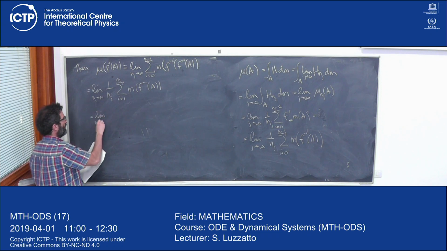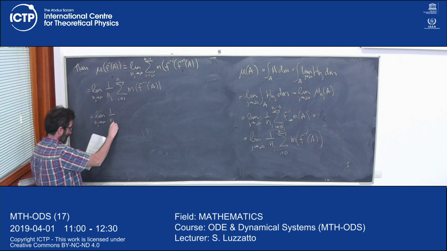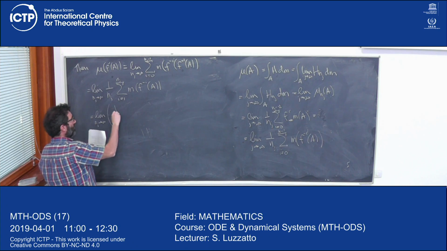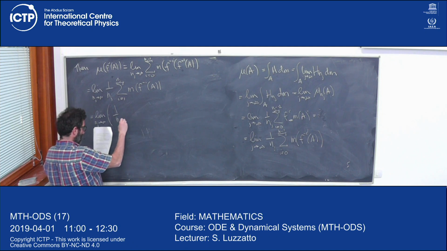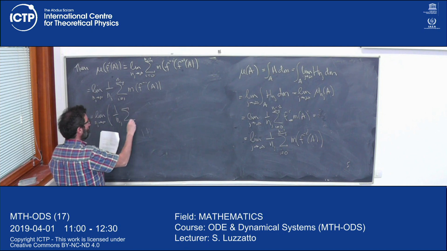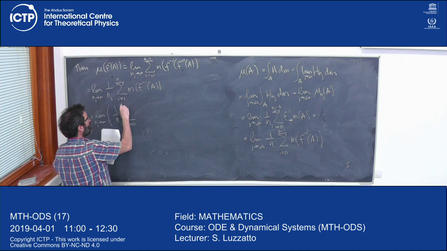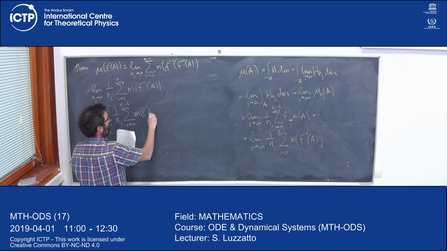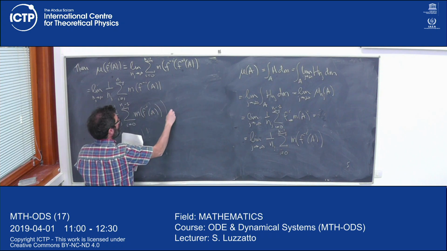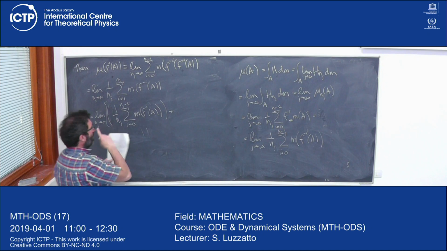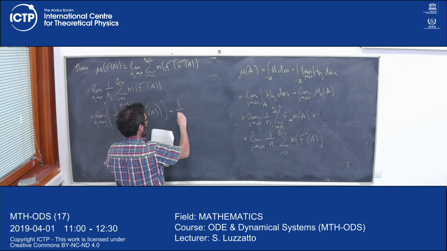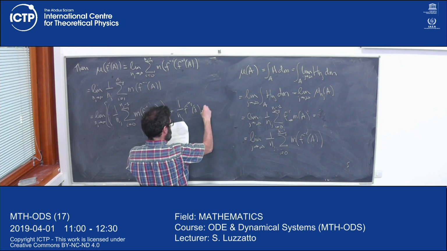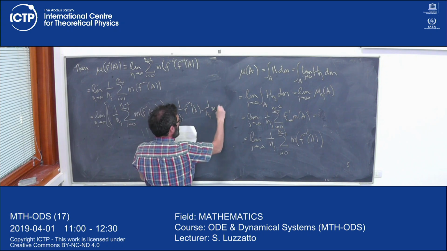So the limit as nj tends to infinity of 1 over nj times the sum of i equals 0 to nj minus 1 of the measure of f minus i of a, and then plus or minus 1 over nj measure of f minus nj of a minus 1 over nj measure of a.